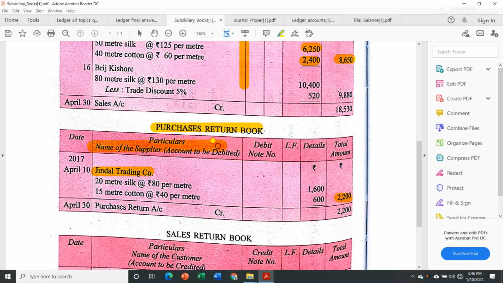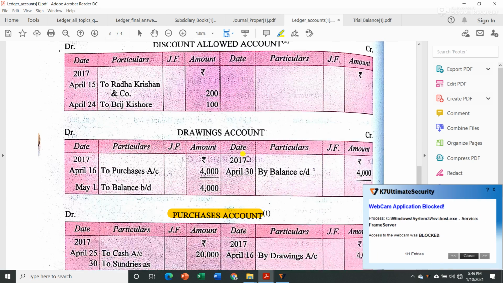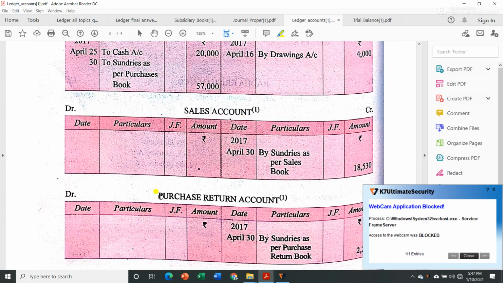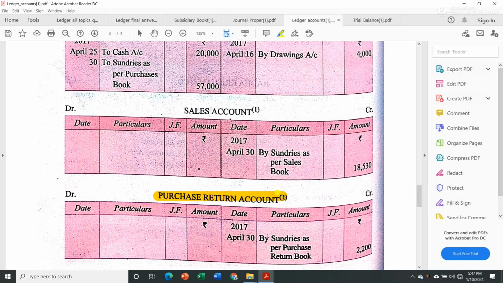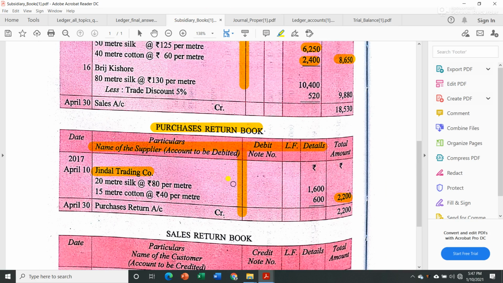The rule for purchase return book and sales book is the same. That means Jindal Trading Company's name is appearing on the debit side, so we have to note it down on the debit side of purchase return account. This also you have to wait till the total amount is found out.